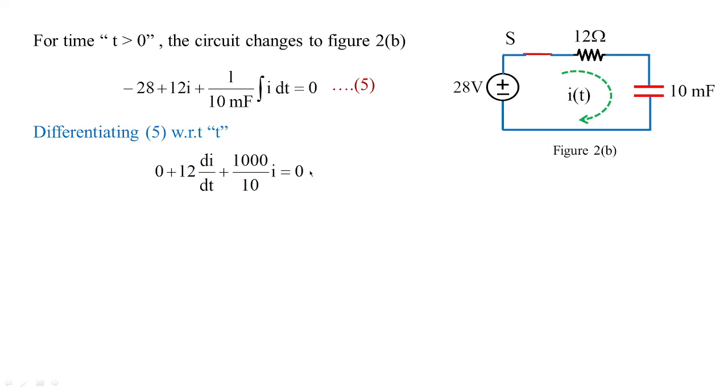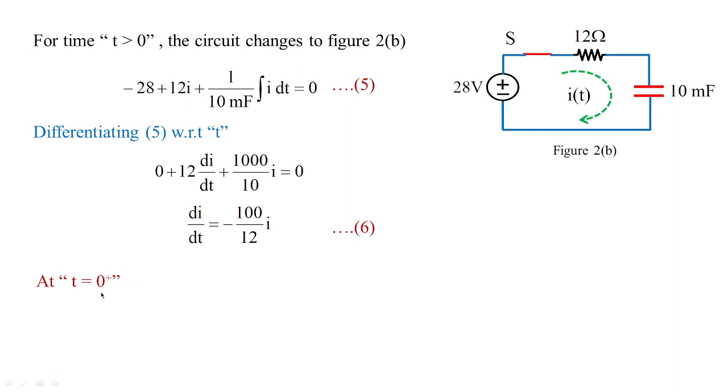I hope you understood this particular differentiation. Now simplifying this equation, I get di by dt equal to minus 100 i. Since di by dt is multiplied with 12, here it is getting divided by 12. So di by dt is minus 100 i by 12. This is equation 6 we framed.